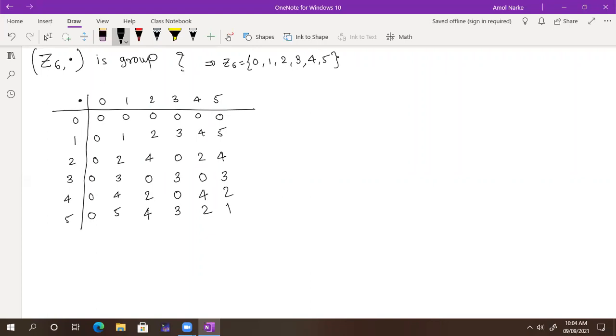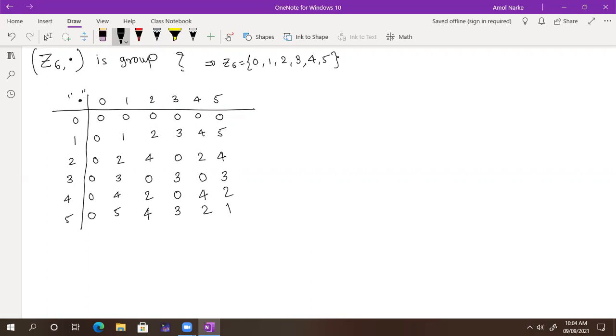So this is the table. Tell me whether it is closed. It is closed. How is it closed? Instead of adding, we have multiplication now. If you do the multiplication of any two numbers, whatever all the possible multiplications we have already done here.